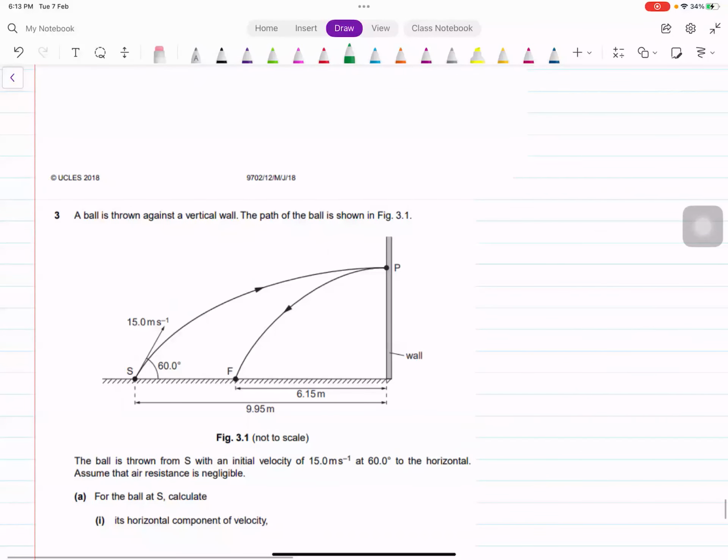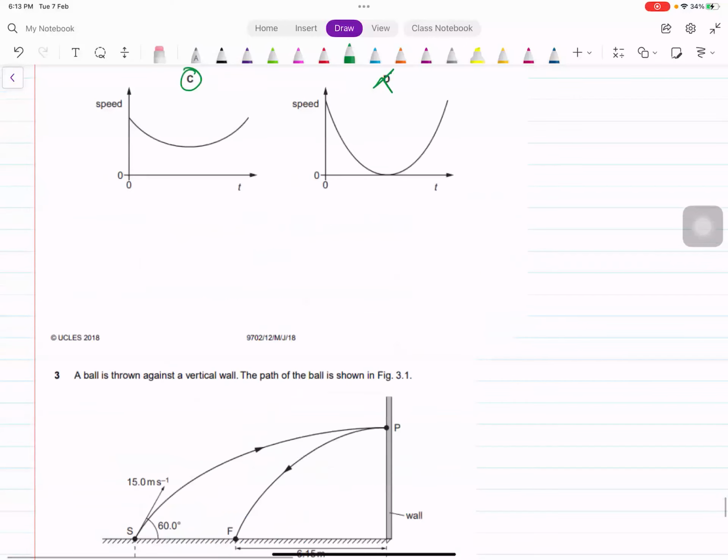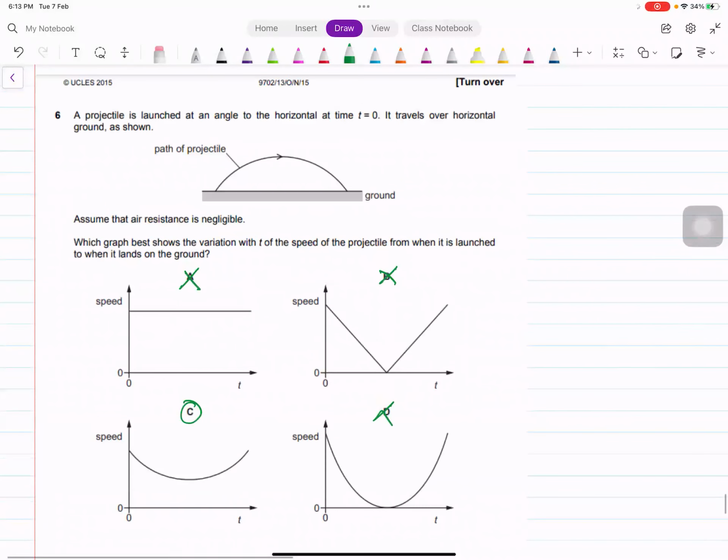Sir, does the graph show the vertical or horizontal value separately? How does it show the vertical value? It's not a separate graph, it's the resultant velocity graph. Like in one of the questions previously, I told you that horizontal velocity doesn't change.